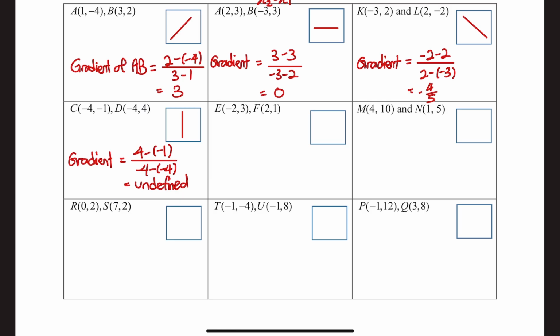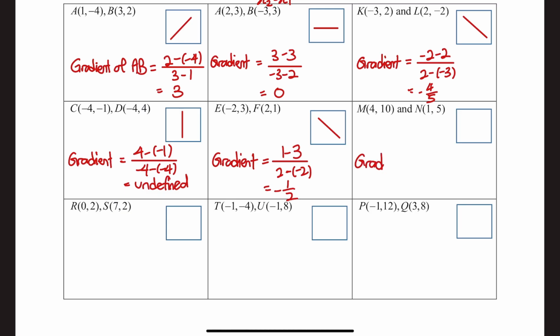Next one, gradient equals 1 minus 3 over 2 minus -2. This should give me -2 divided by 4, which is negative half. Negative gradient, downward sloping graph.